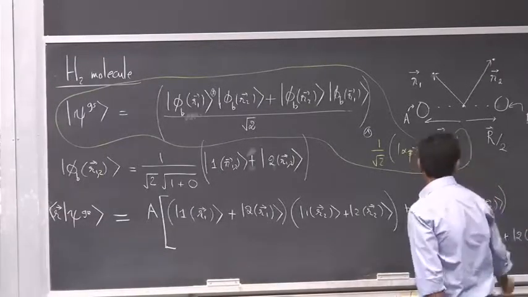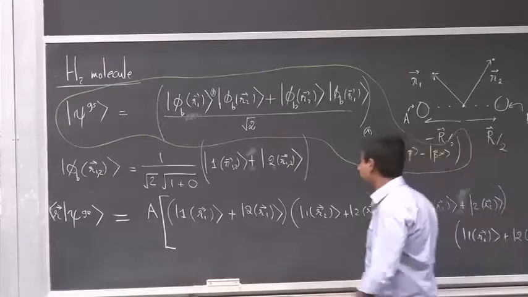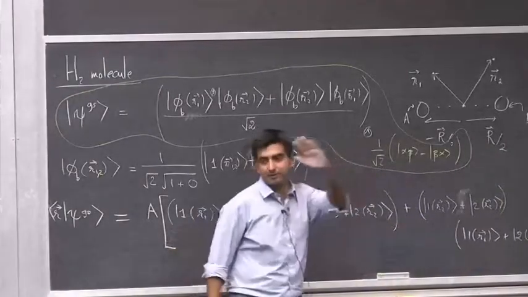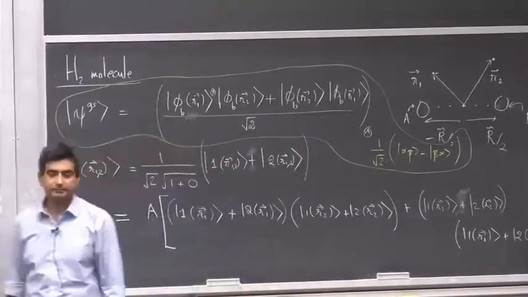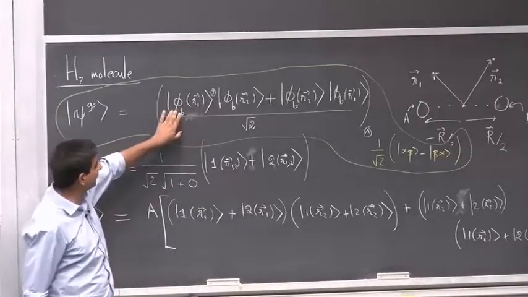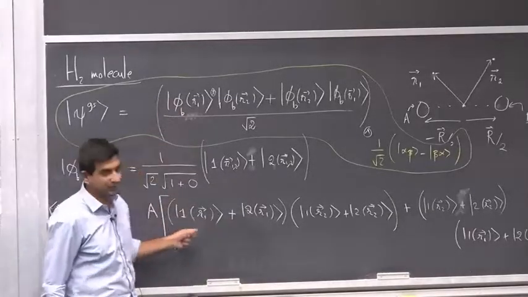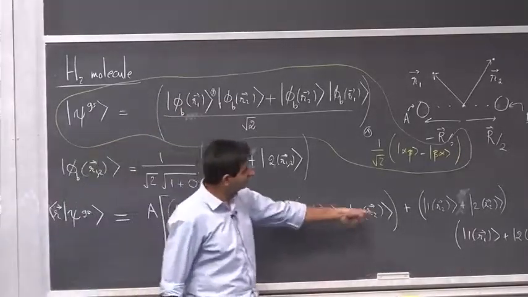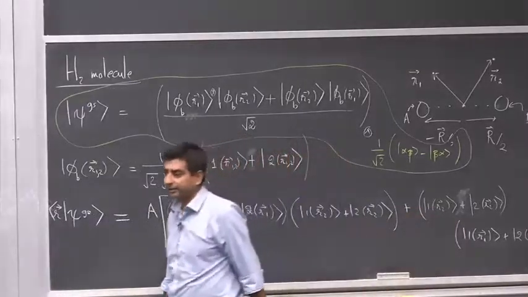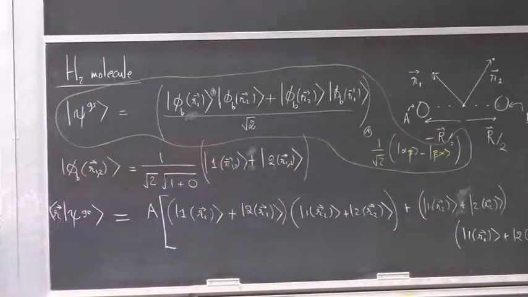Right? So then I multiply all of this together. I've just replaced each one of these bonding states by the linear combination of the atomic orbitals. Here's what I've done over here. Nothing special. At the end, what I get is a state.